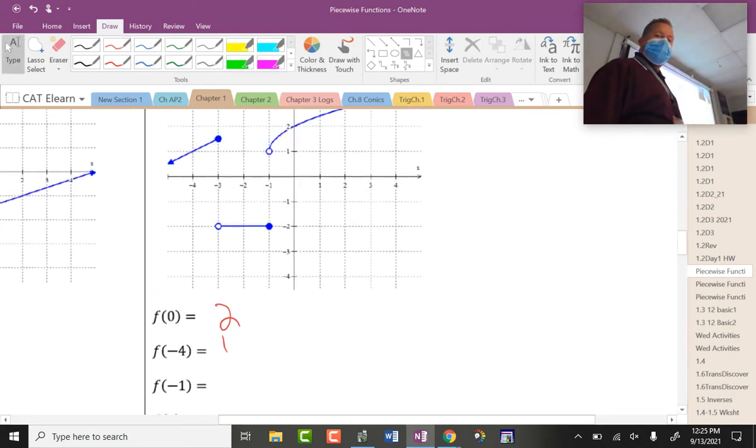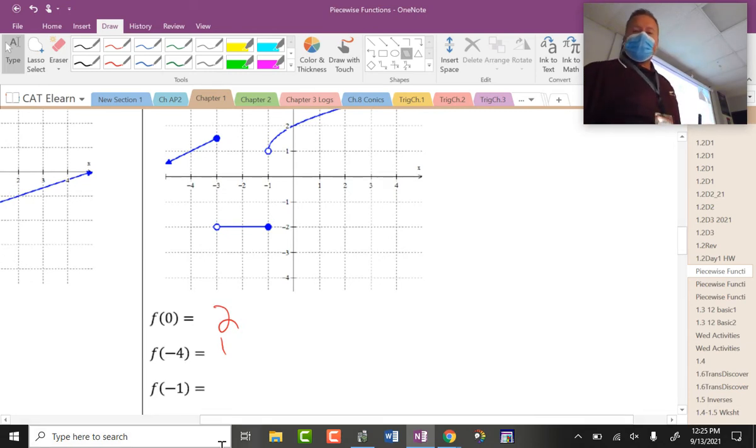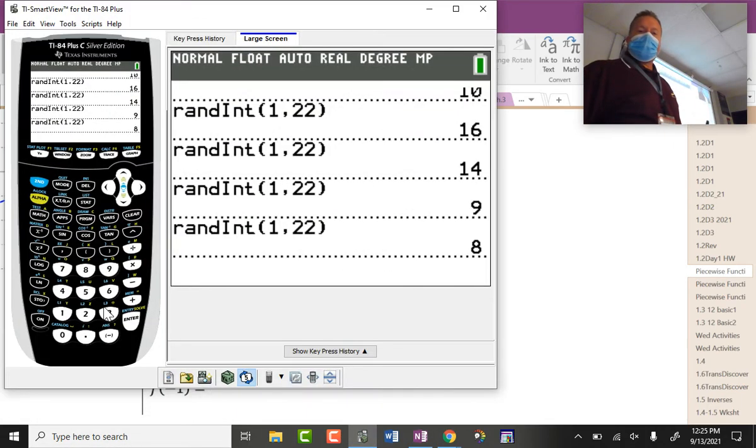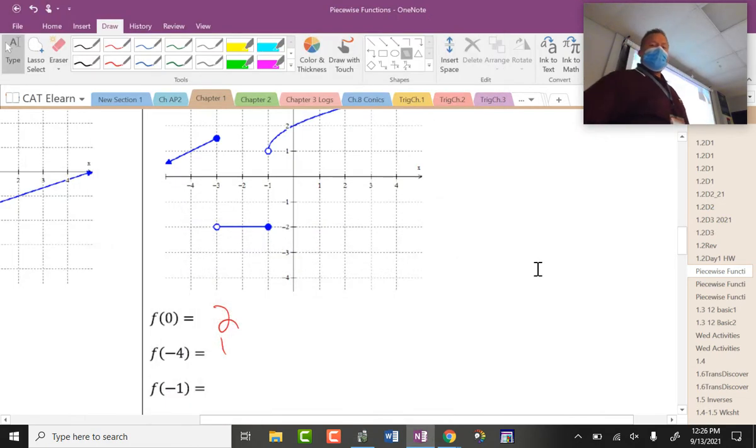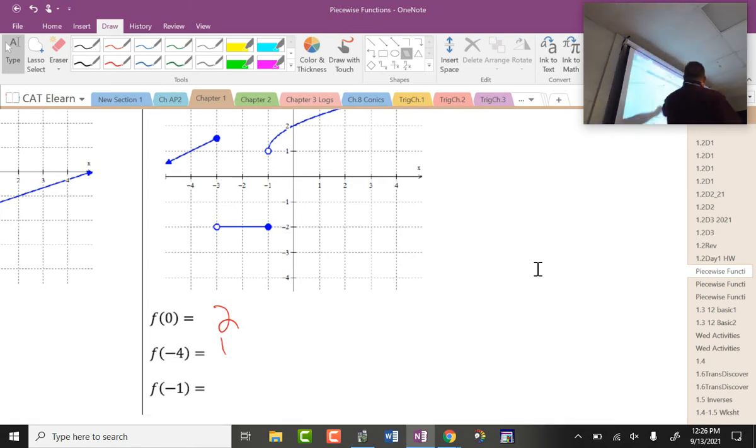Oh no, who's going to get this one? This is the tough one. -1 from this piecewise. And this kind of shows you what you're going to have to do graphically. Nice, Adam. Okay, now, -1, comma. So here's -1 for X, comma. What is the actual output? -2. Nice.